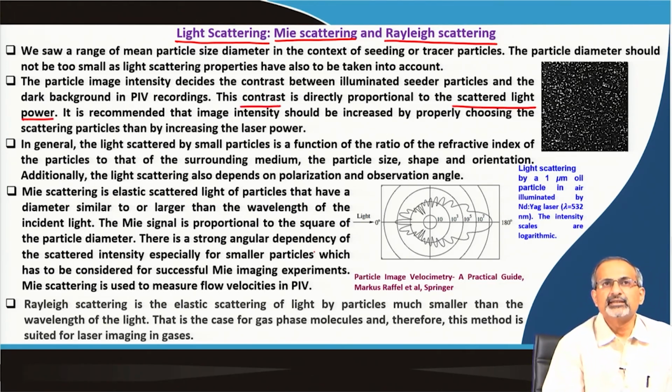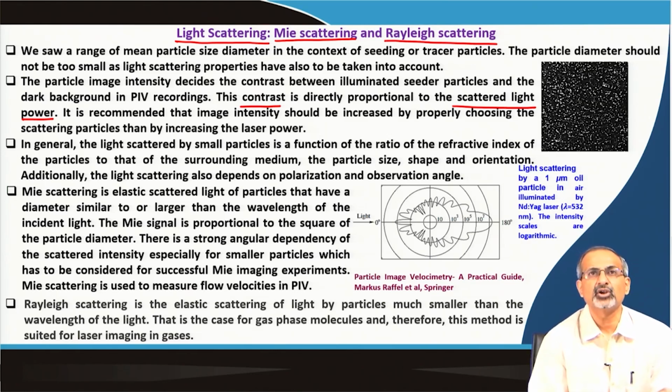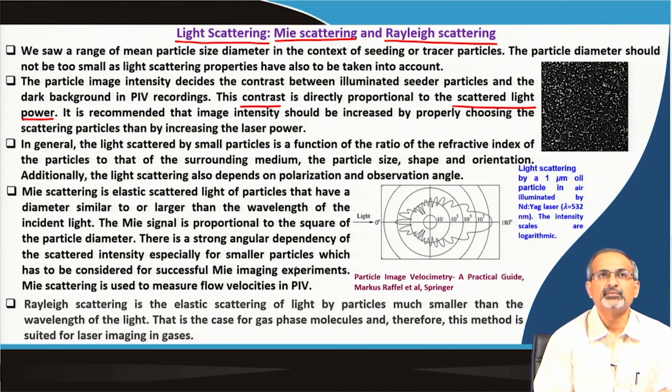It is recommended that image intensity should be increased by properly choosing the scattering particles, rather than by increasing the laser power. So, increasing the laser power is not the preferred option. The choice of suitable particles and suitable sizes has to be done carefully, so that most of the light scattering issue is resolved there itself.